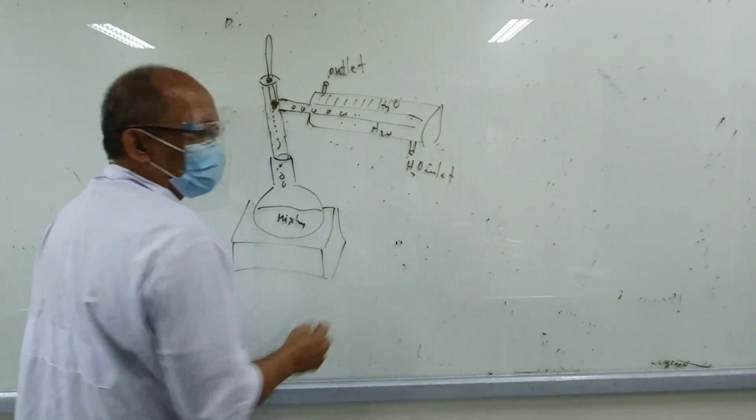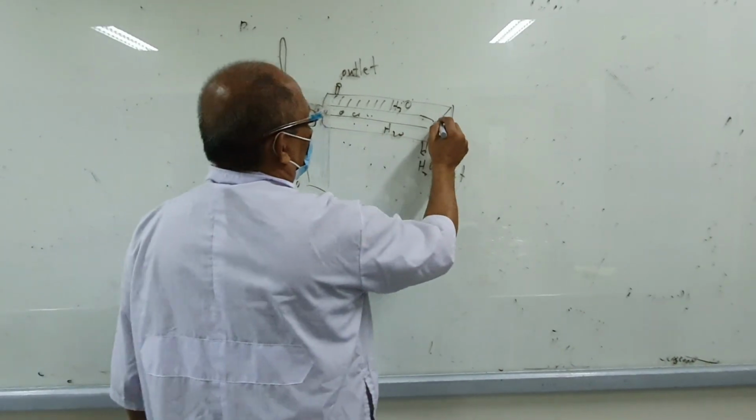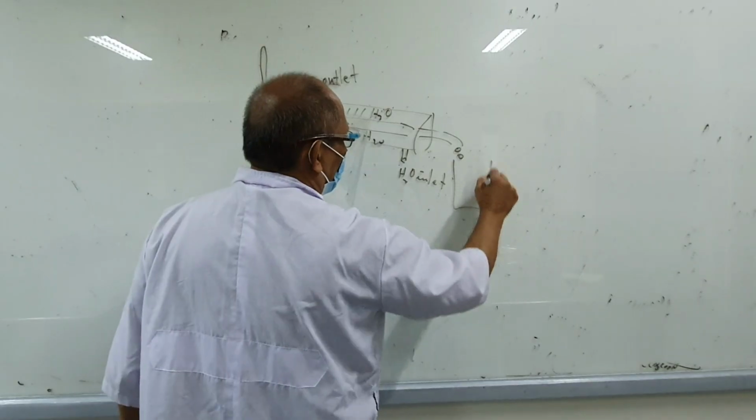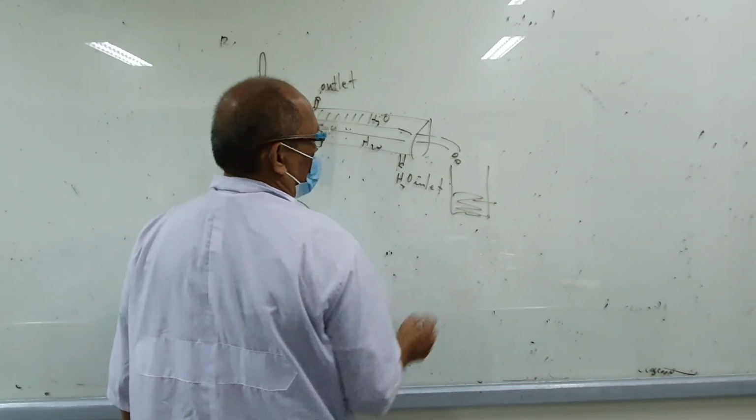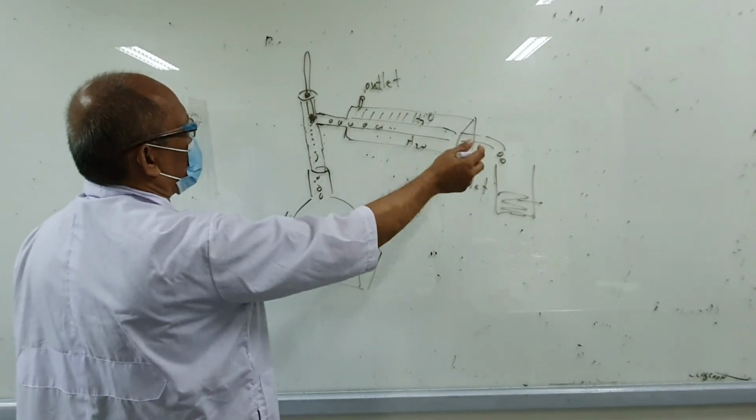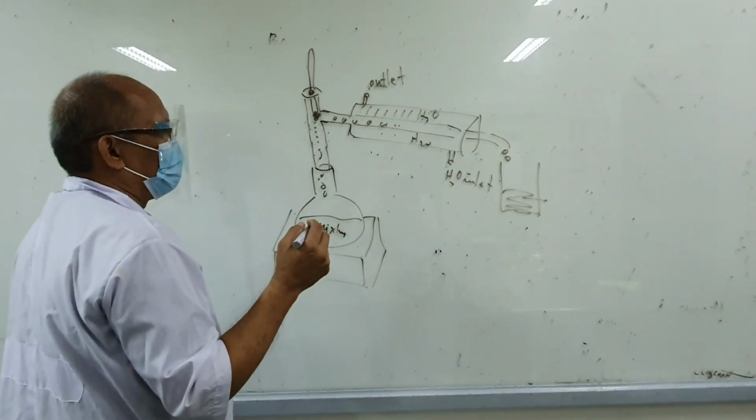That's how you set up the condenser. The liquid will come out here, so you have the receiver. This is the simple distilling apparatus.